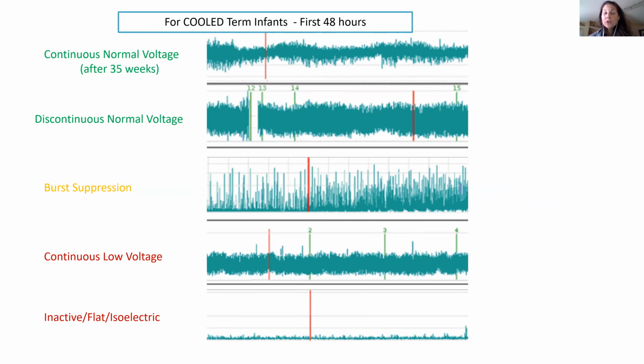What's that lower margin? Remembering that lower margin is really that piece of the continuity. How continuous is the brain? That lower margin is so important. It's important for our cooling babies. It's important for our premature babies. That lower margin really is that marker of brain activity. It's how continuous is the brain.